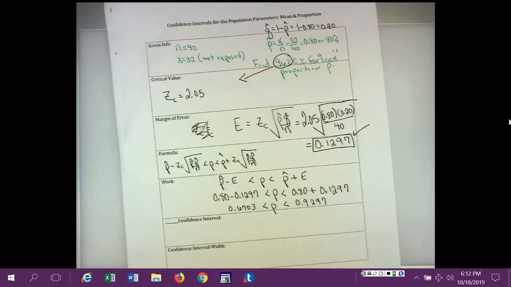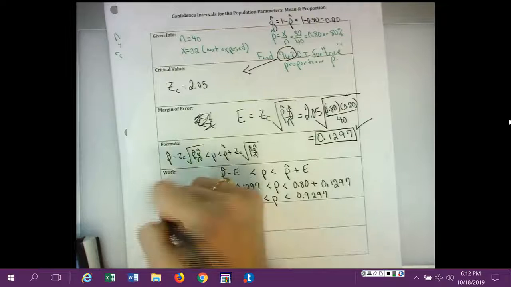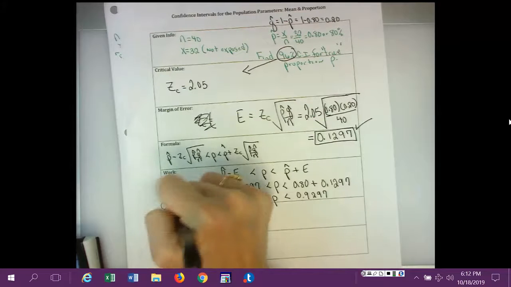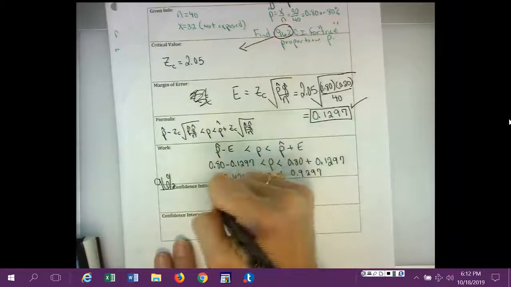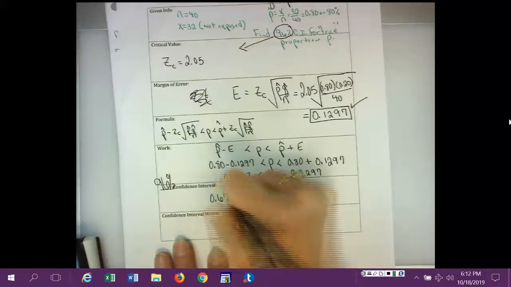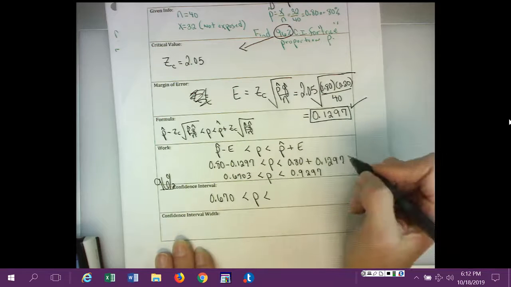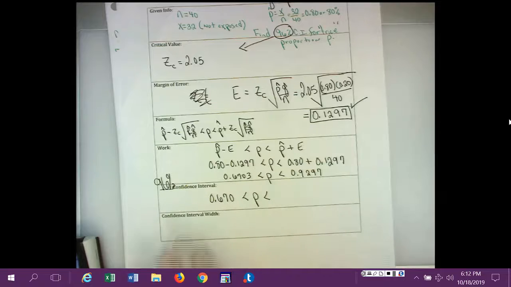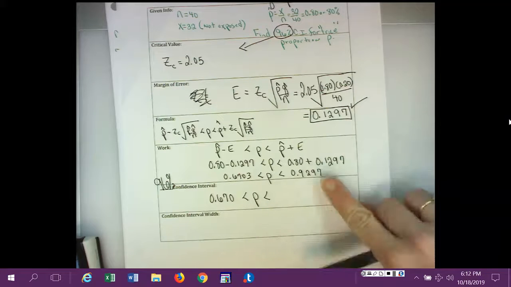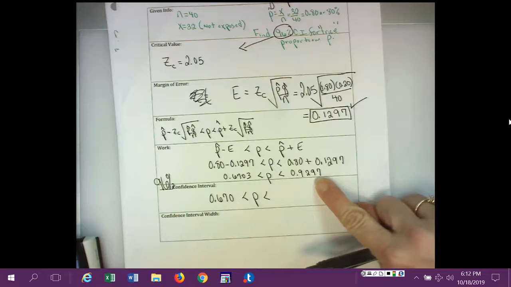Looks like we're going to have to round here according to the rounding rule, which says to round to 3 decimal places accurately. The final answer for the lower and the upper, and I'm going to put the 96% here. When we round, 0.670 less than P, less than 0.9297. So we're rounding to 3 places accurately.